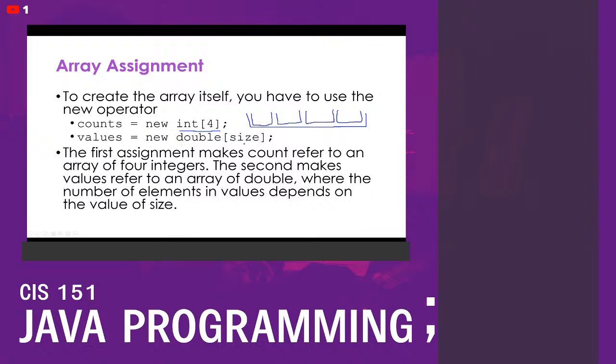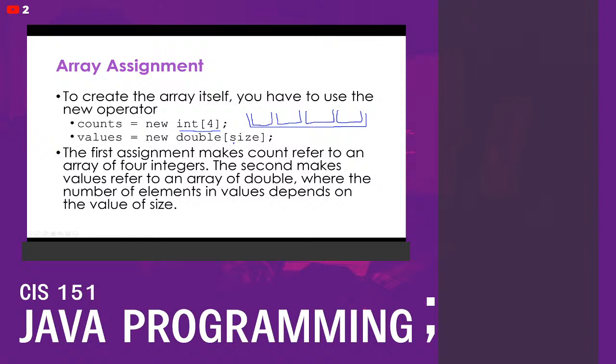In the other example here, we have something very similar, except we're using a variable instead of an integer to create my interior containers. So I can set that variable based on something else, based on user input, based on whatever. And so in this case, the number of interior containers that we can have inside of our array is flexible. It's dynamic, because it's going to be based on the value of that variable.